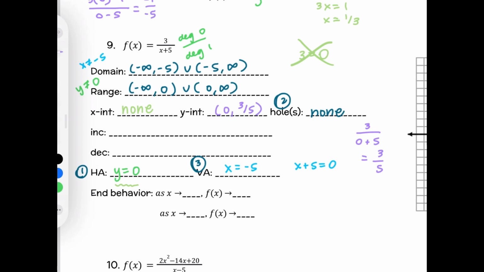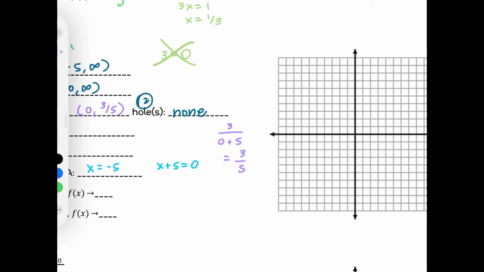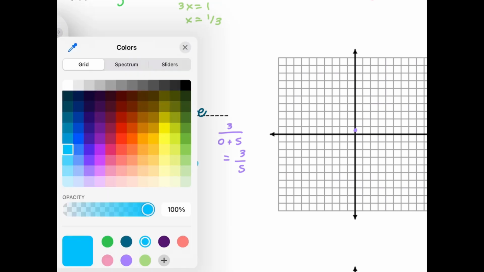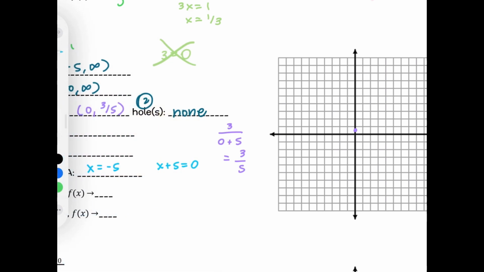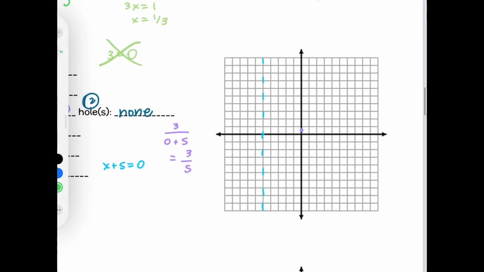All right, now I just need to graph everything. So I'm going to go ahead and put 0, 3 over 5 on there. It's a little bit smaller than 1. We have no x-intercept. I'll put my vertical asymptote at -5. 1, 2, 3, 4, 5. My horizontal asymptote is at y equals 0.